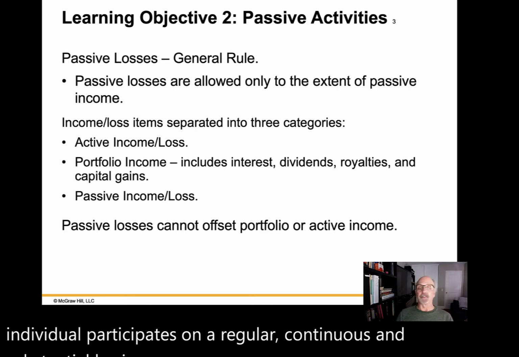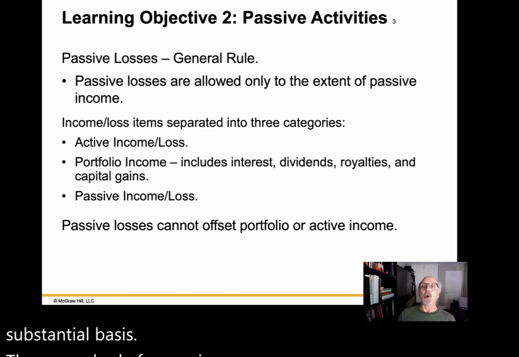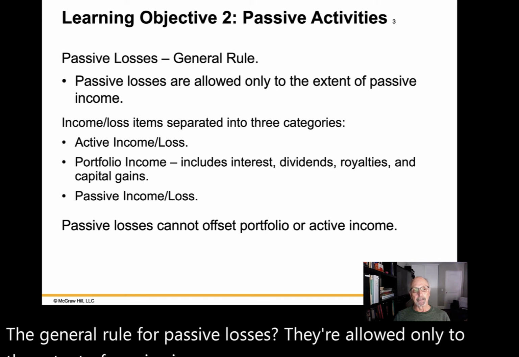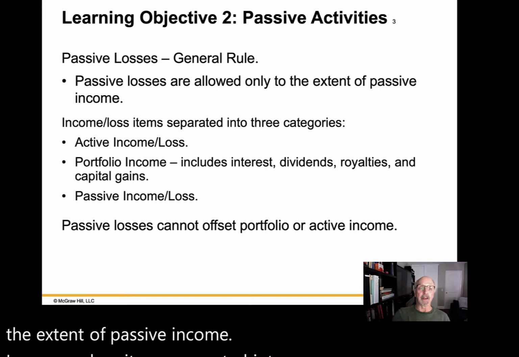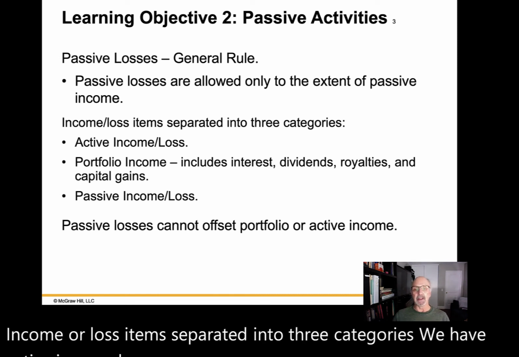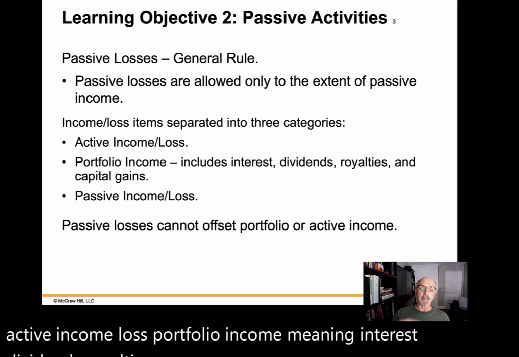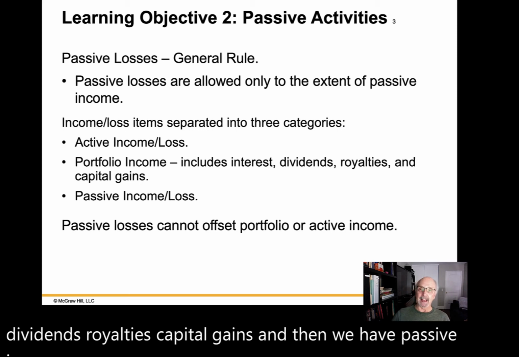General rule for passive losses, they're allowed only to the extent of passive income. Income or loss items are separated into 3 categories. We have active income or loss, portfolio income, meaning interest, dividends, royalties, capital gains, and then we have passive income or loss. Passive losses cannot offset the other two.